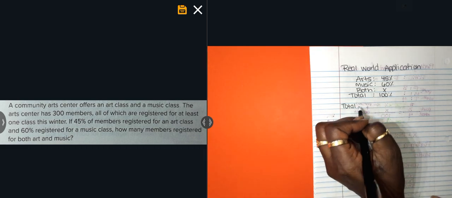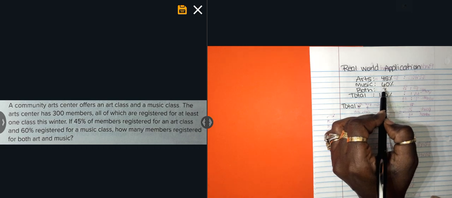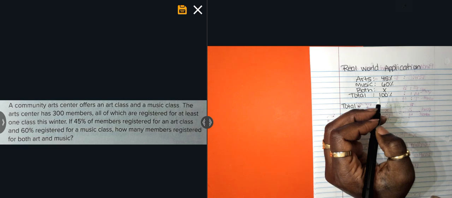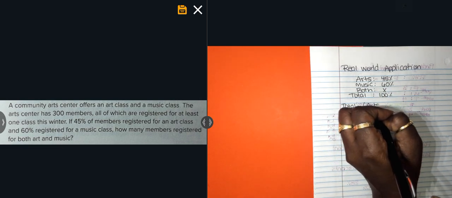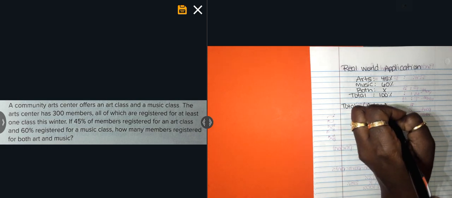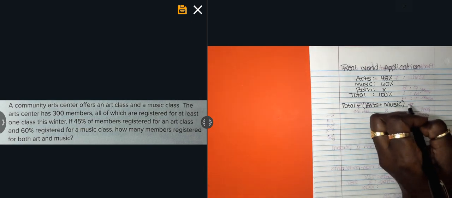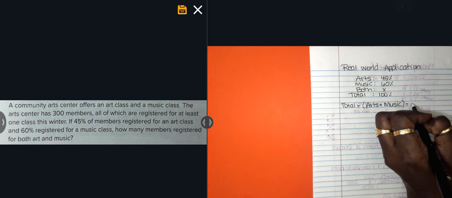And what we're going to do is take out what we already know about the arts and the music so that we can find out how many of them are signed up for both classes. So we have our arts class plus the people that are signed up for the music class. And then that is going to give us the amount of students that are signed up for both.